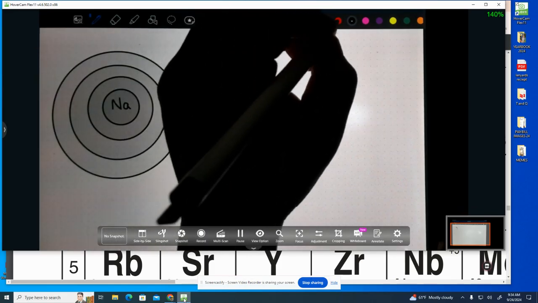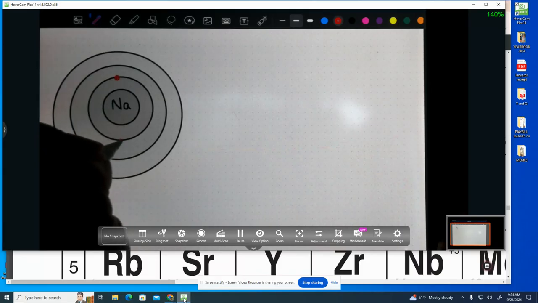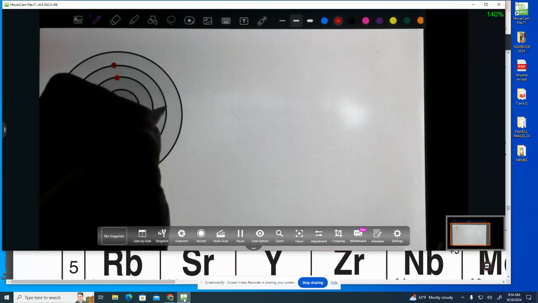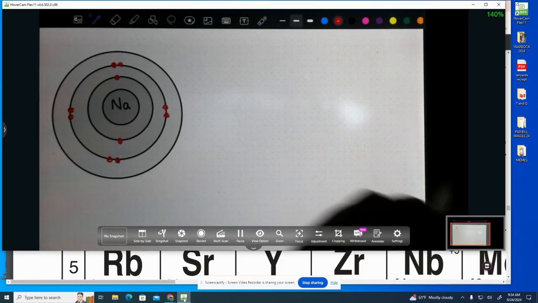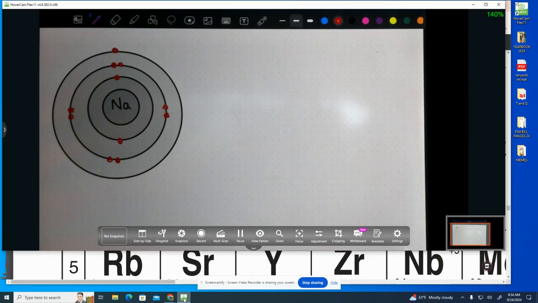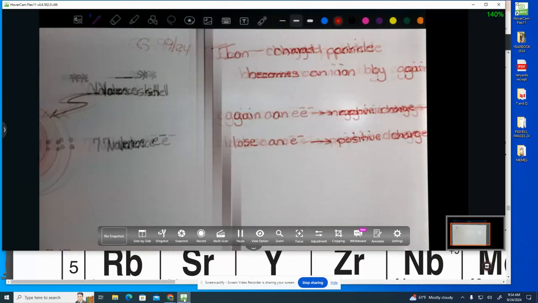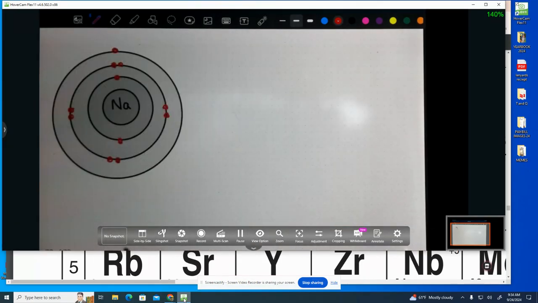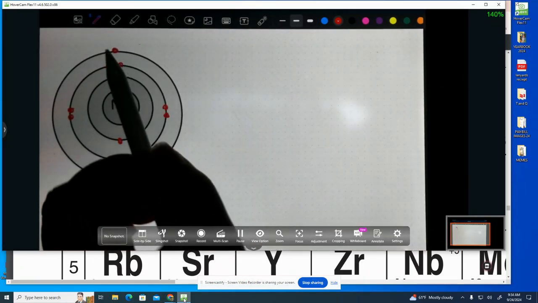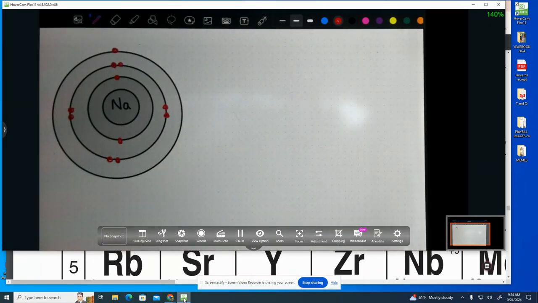So let's write them in. 1, 2, then 1, 2, 3, 4, 5, 6, 7, 8, and then 1 here. Unlike the chlorine, the sodium has 1 valence electron.